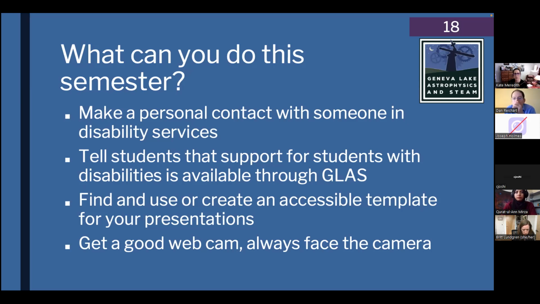If you have not run across how to do an accessible PowerPoint presentation, please let me know, and I'll make sure you get passed on to some resources. And of course, if you're doing anything online, get yourself a good webcam and make sure that Zoom captioning is enabled for people with hearing loss or people who are just having trouble interpreting English well. That's available to them as well. So those are good places to start.